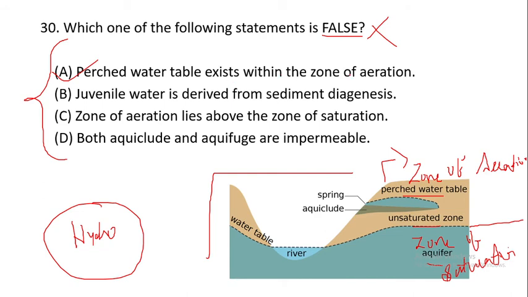That is very correct. Now, option second or B is that juvenile water is derived from sediment diagenesis. How can this be? This is actually the wrong statement. Why? Because juvenile water is the water which is formed from magmatic fluids. It is not from sediment diagenesis.